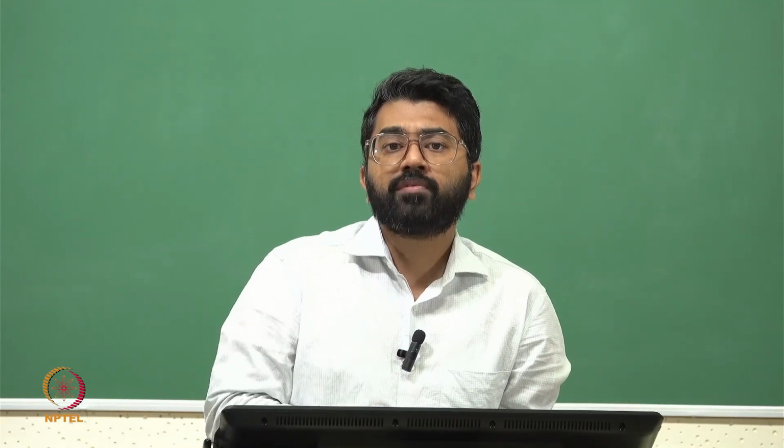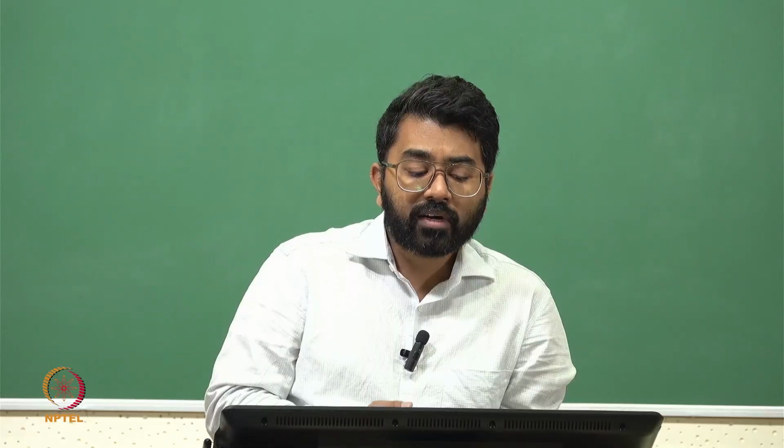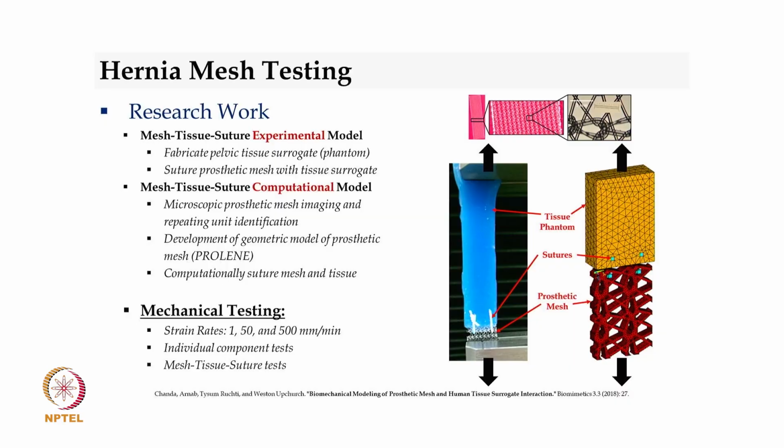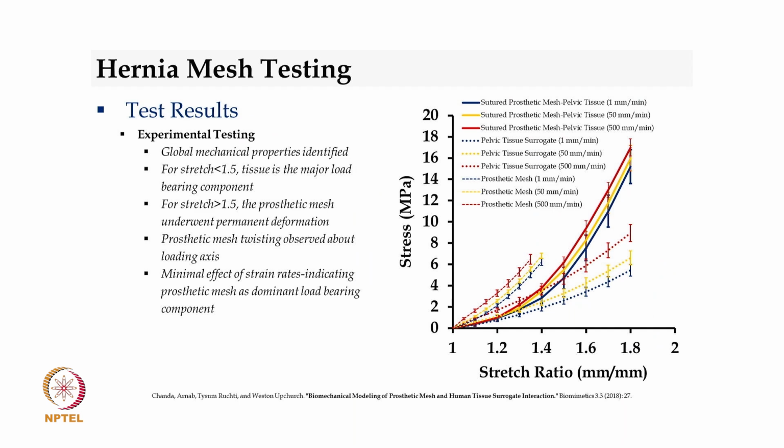We also developed a finite element model to study what is happening at the local region, right? We studied this at different strain rates also, because these different kinds of movements are experienced during different gait cycles. So we did all these experiments, and some of the very interesting results which we found out is, for stretch or strain less than 0.5, the tissue is the major load bearing component.